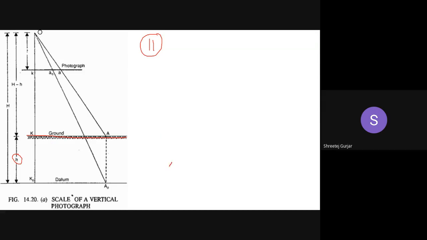In the second case, we will consider point A at some height. From the datum, I will assume this is the datum line.